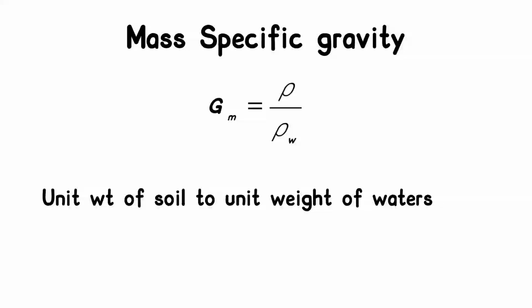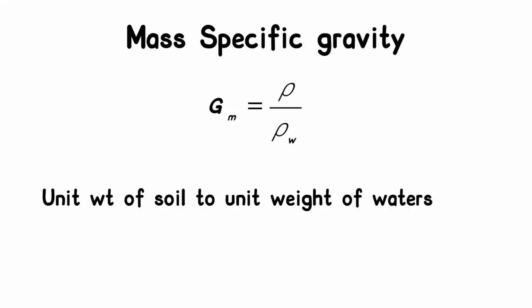You have another term called the mass specific gravity. So earlier you had the specific gravity, that is G is equal to gamma S divided by gamma W, or you have the rho S divided by rho W. So here the mass specific gravity Gm is equal to rho divided by rho W, where rho is the mass density of the soil as a whole.